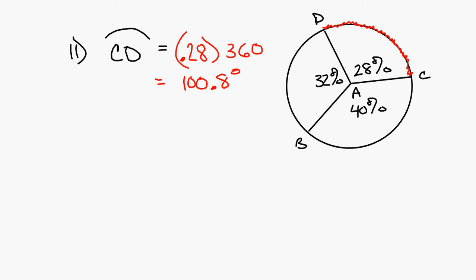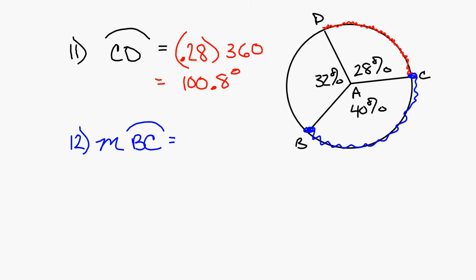In number 12, you're asked to find the measure of arc BC. So it would look like this, the measure of arc BC. So now we're looking for B around here to C. So that's 40% of the 360 degrees.